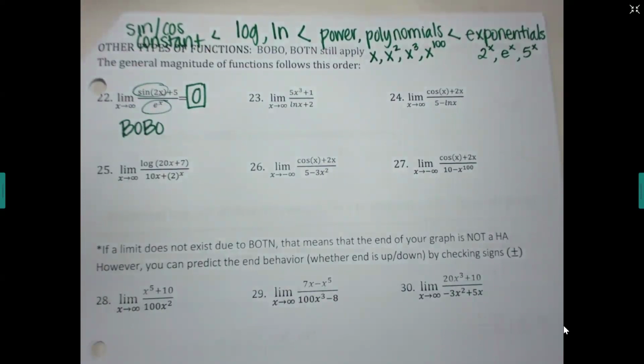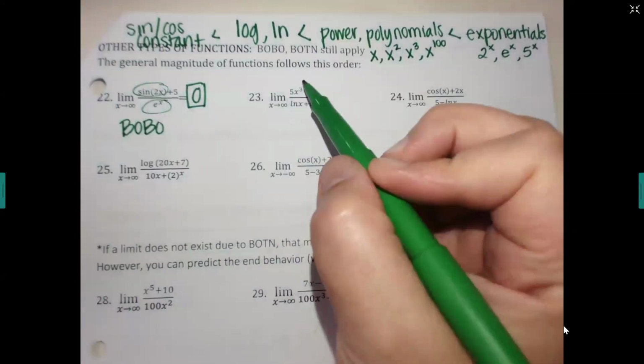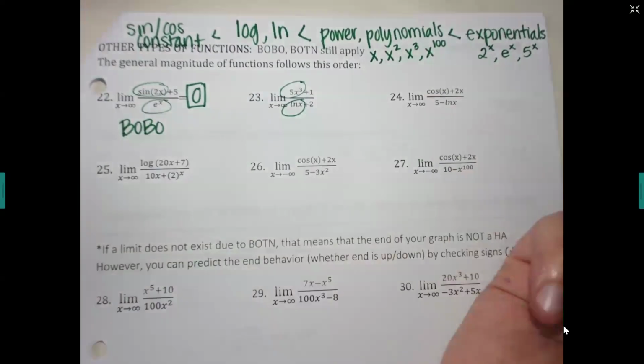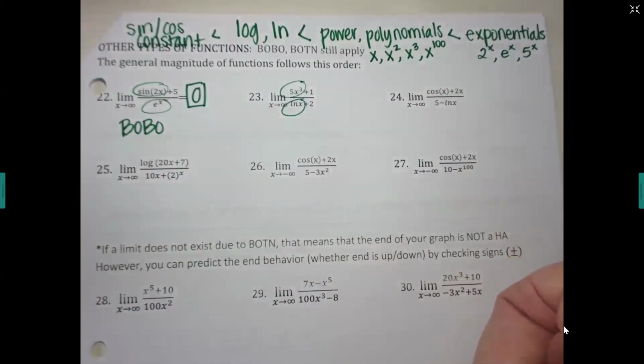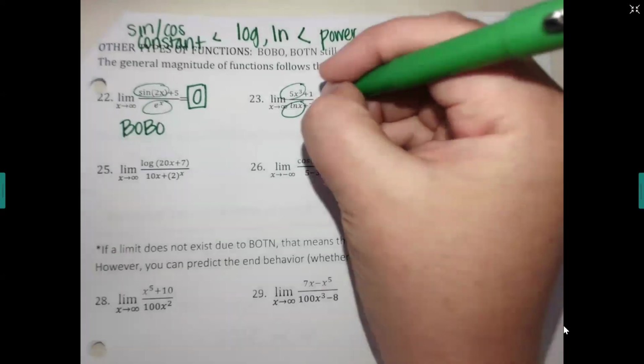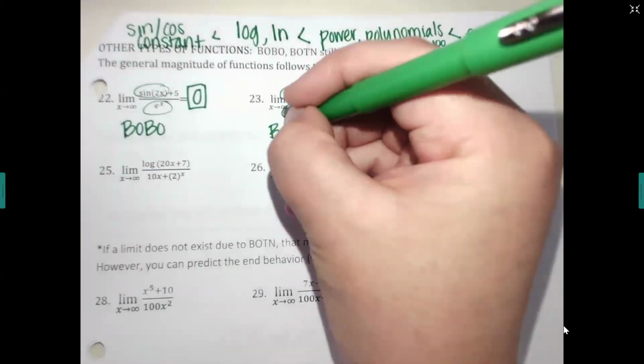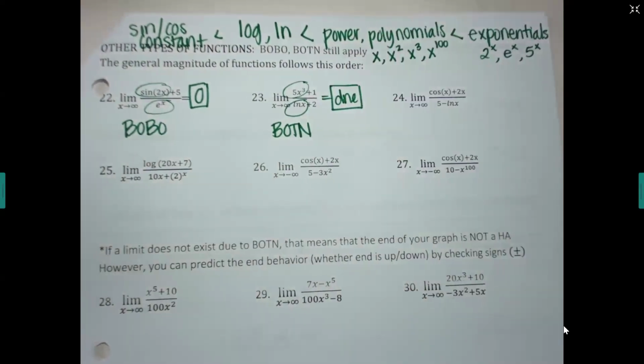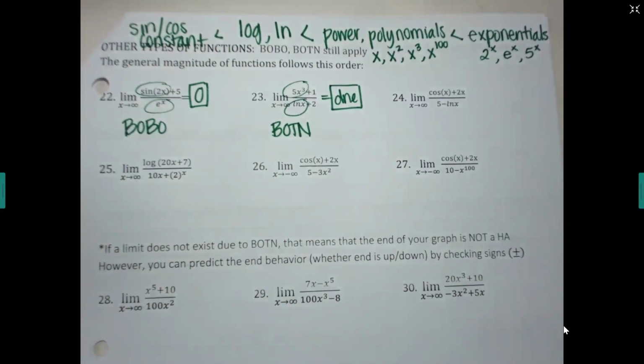Okay, next one. Next one, we have an x cubed. That's a power versus a log. Whose category is bigger? X cubed is bigger, which makes it a bottom, which makes the answer DNE. Okay, number 24.